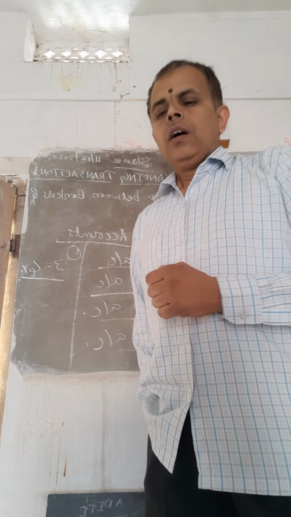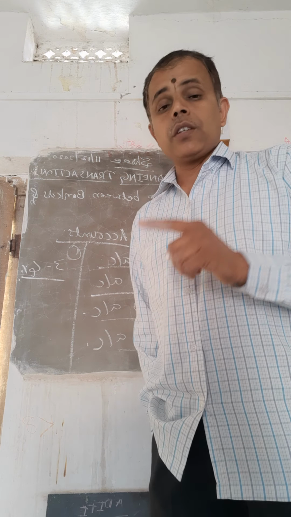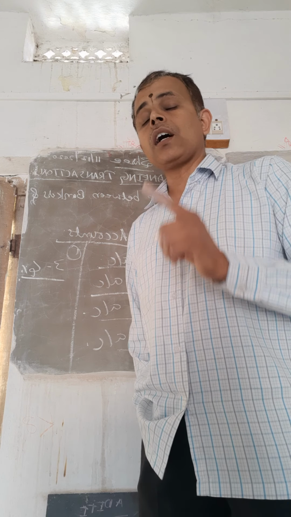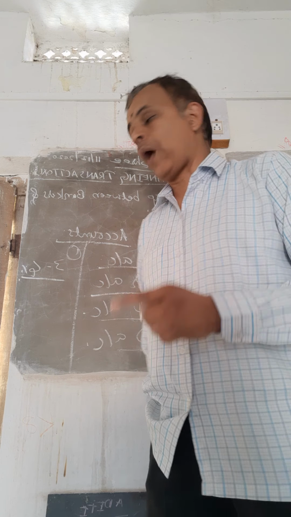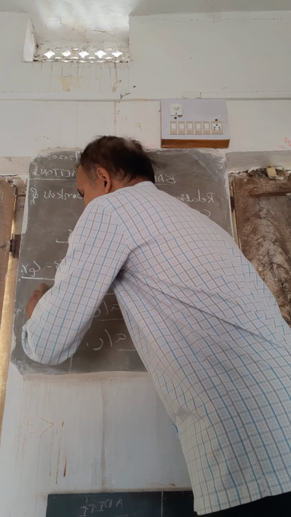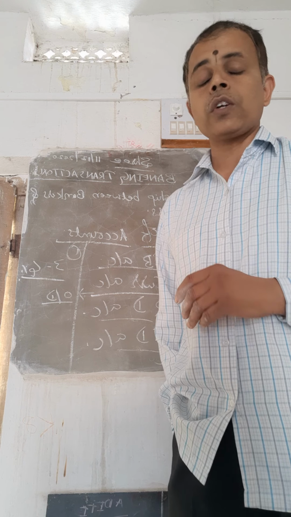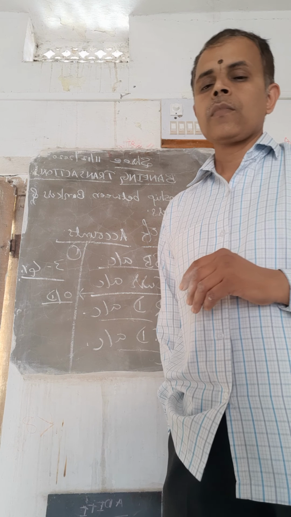On the basis of how much amount you have deposited, the bank is ready to provide the OD facility, overdraft facility. We can also call it an on demand facility.